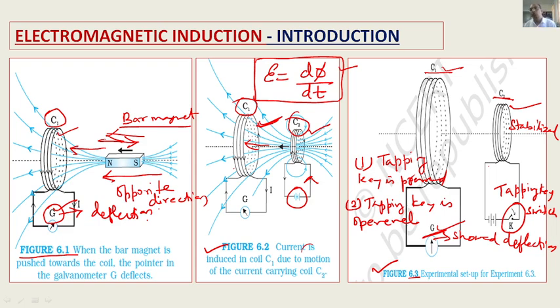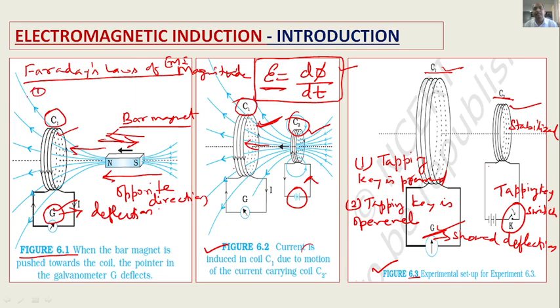And the magnitude of induced EMF, E, is equal to d phi by dt. Later on, it was named as Faraday's laws of EMI, electromagnetic induction.